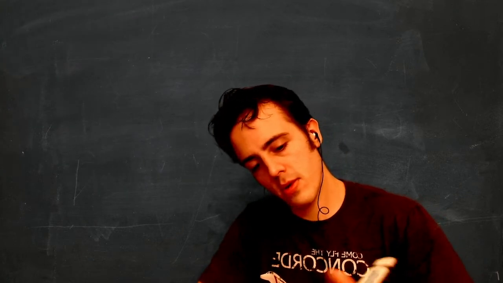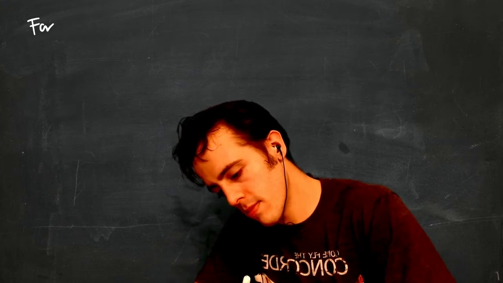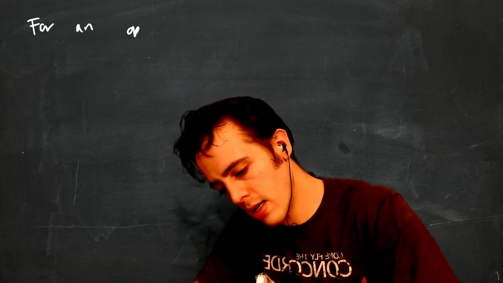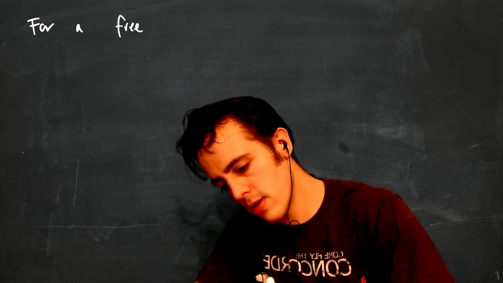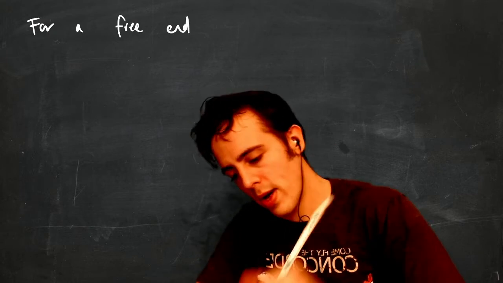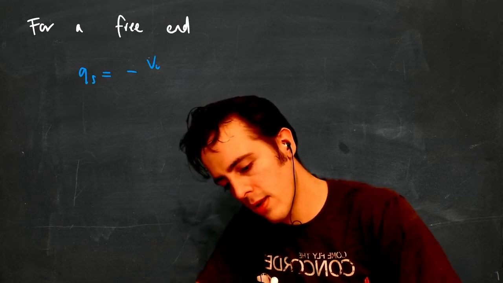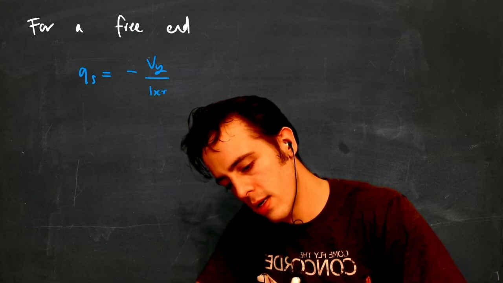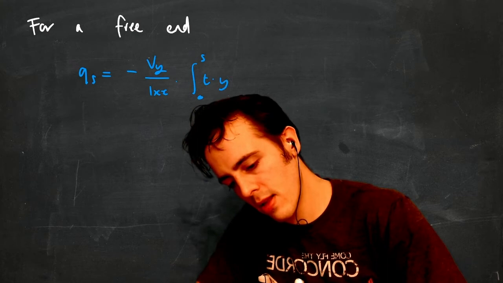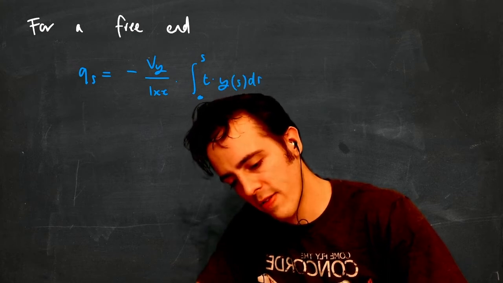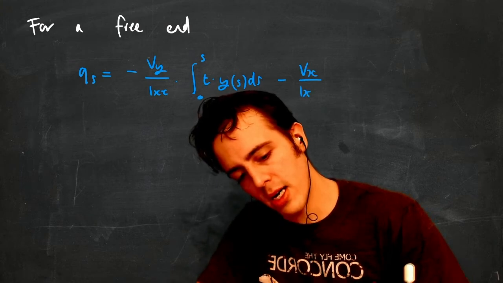So for an open, let's say for a free end, we know that the shear flow distribution is equal to minus Vy on Ixx, and then it's the integral of the thickness multiplied by y as a function of s, ds, minus Vx divided by Iyy.